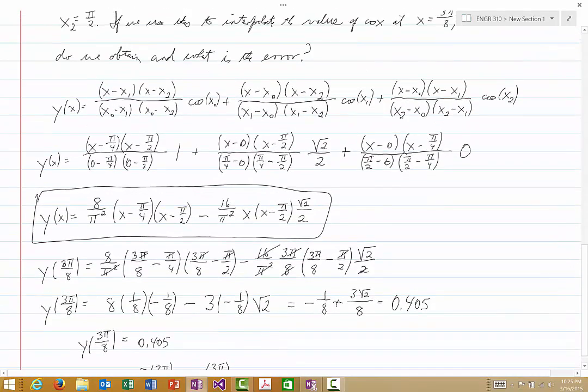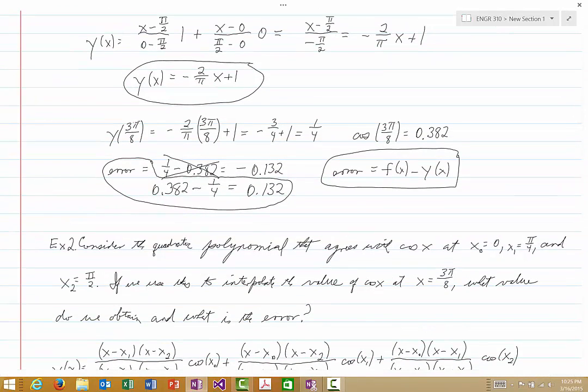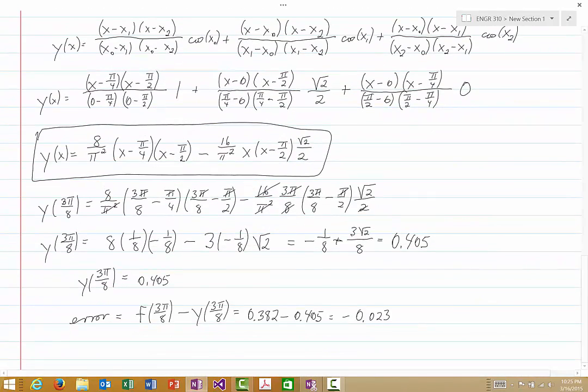And remember that here above we had about a, what was it, I think, if I recall, a 40% error. So merely by going from the linear interpolating function to the quadratic interpolating function, we have indeed gotten an answer that, at least at the point 3 pi over 8, is much more accurate. And so that is the way that this will go.